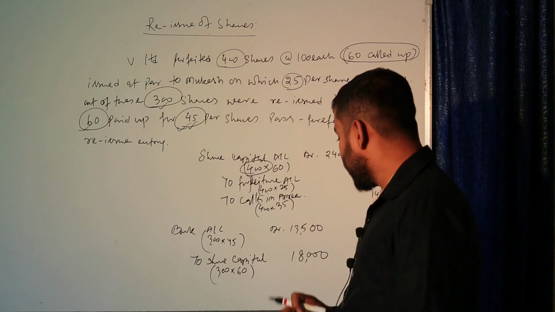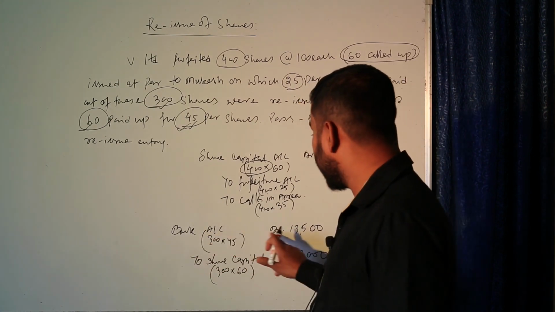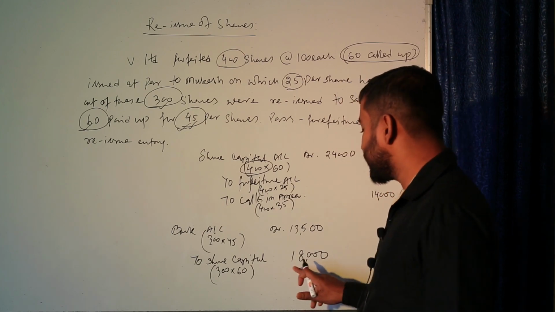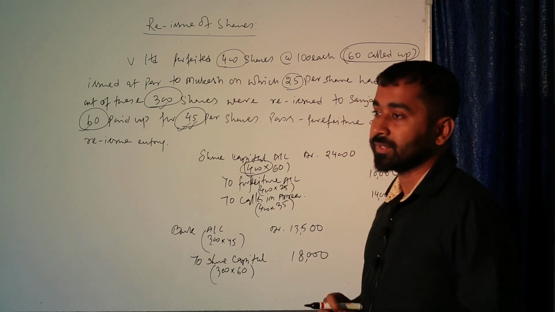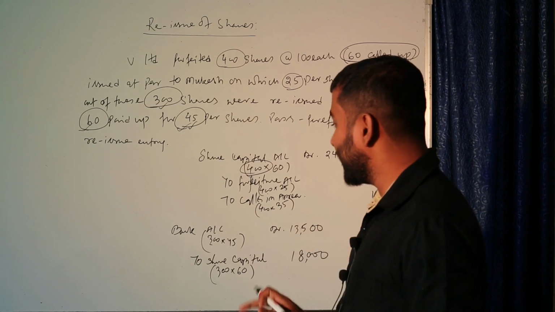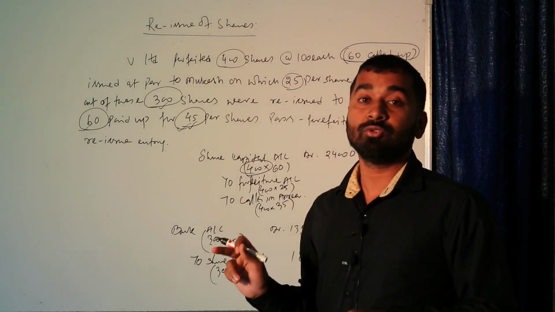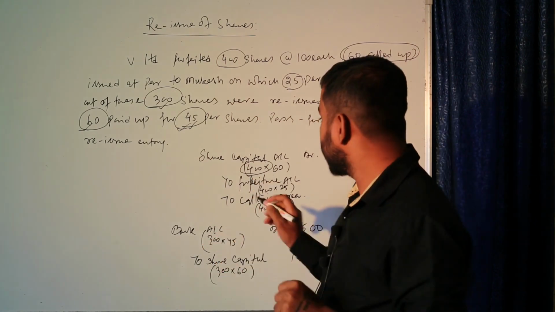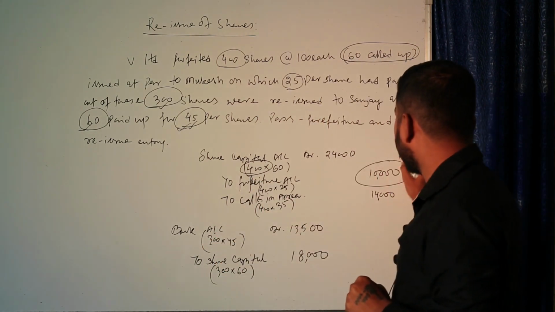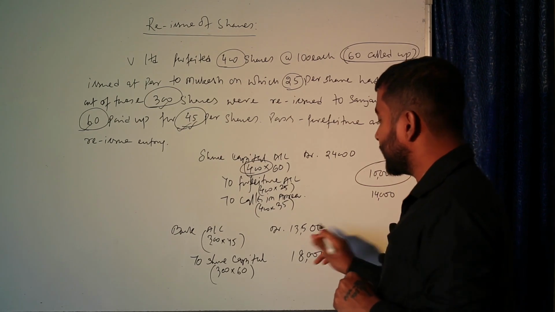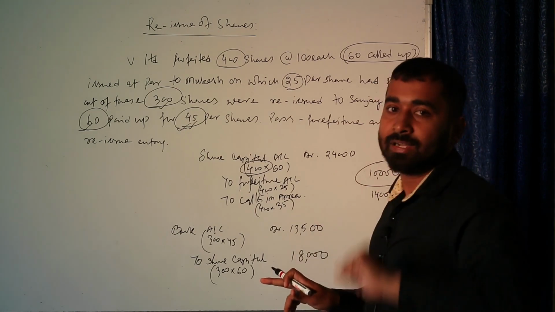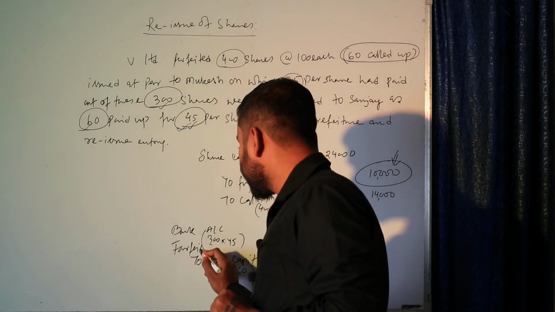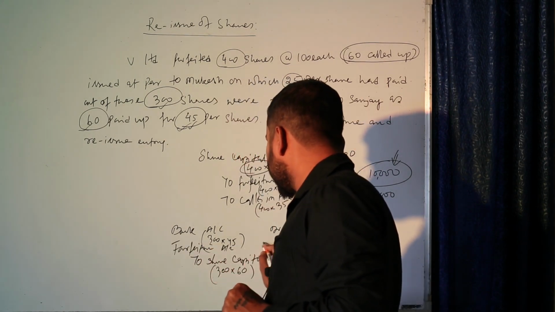I hope you understood. Now see, bank account debit 13,500 I have received, but in share capital I should transfer 18,000 rupees. So indirectly, that less money I should use from the forfeiture account that I received before. How much did I receive before in forfeiture? 10,000 rupees. So out of 10,000 rupees, how much should I take? So I should write forfeiture account debit.